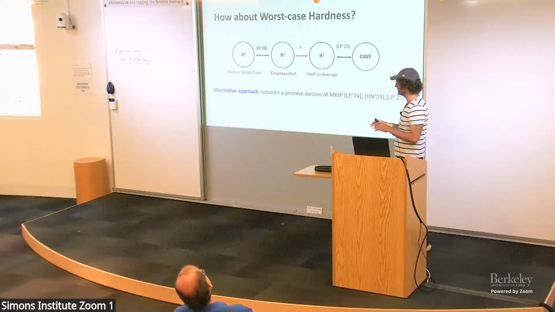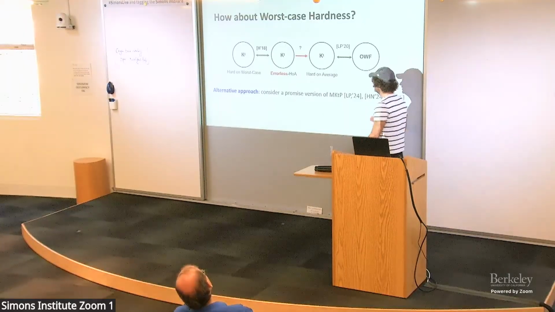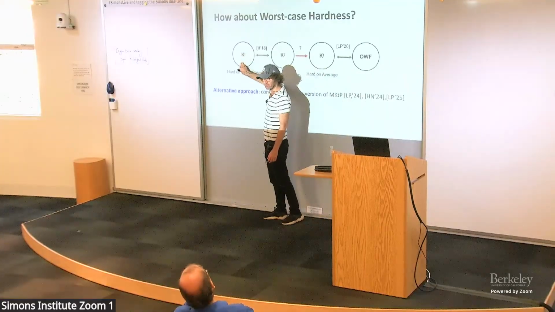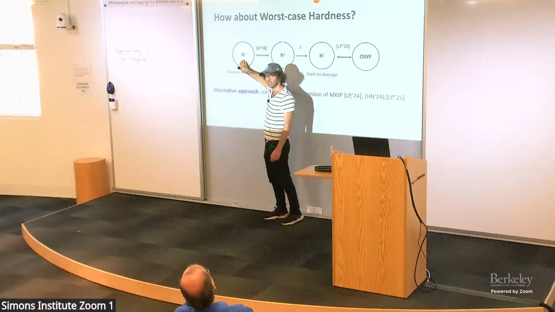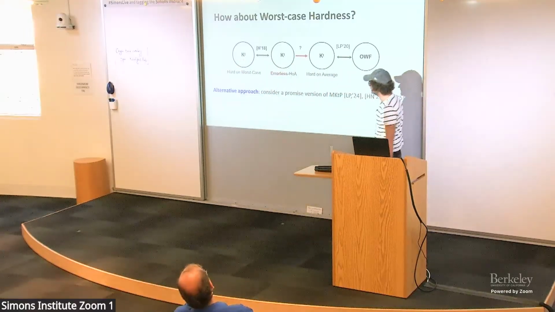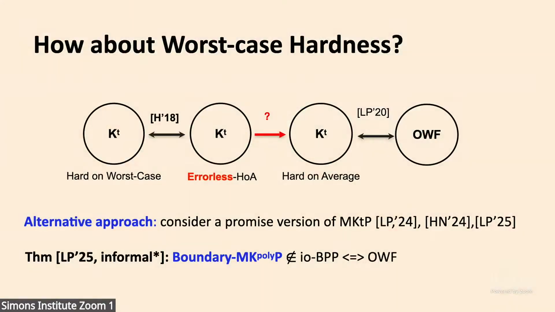Another direction that's been taken on in the last year is to say, if we can't do it based on the exact worst case hardness of this problem, let's consider some friends of it, some variant of it. And indeed, there have been a few different results, with Yanni and a different result by Hirahara and Nanashima.